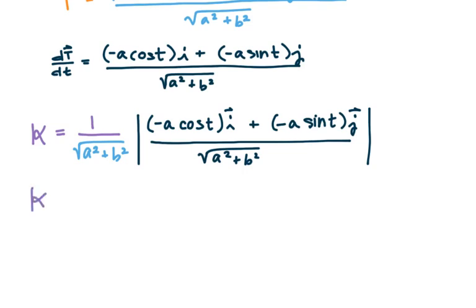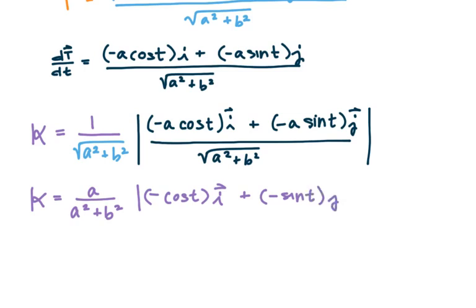So I have kappa is a over a squared plus b squared, and then we have the magnitude of negative cosine t i plus or minus, however you want to write that, negative sine t j.